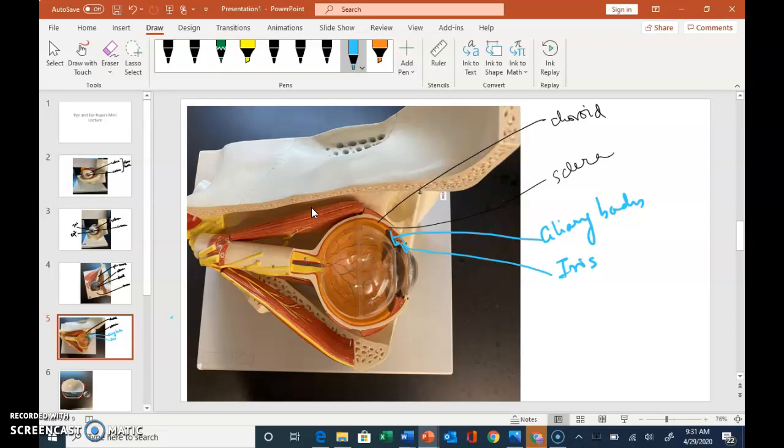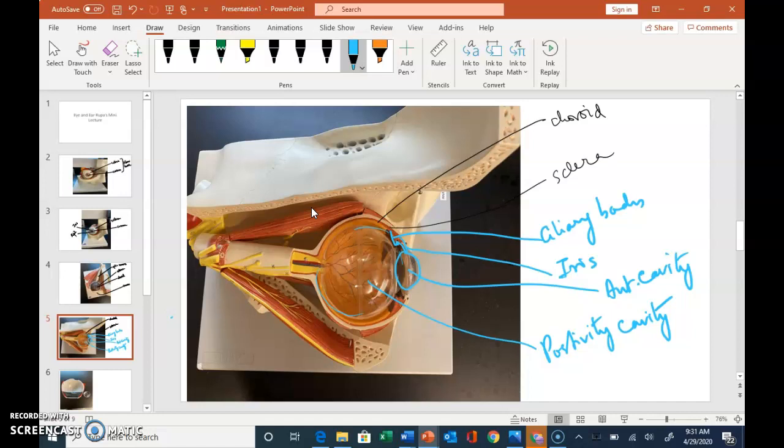Few other things that we see here. Do you see the posterior big plastic thing? This big plastic thing is the posterior cavity. And then this part right here is the anterior cavity. If you listen to my lecture, you know what is anterior cavity and what is posterior cavity.